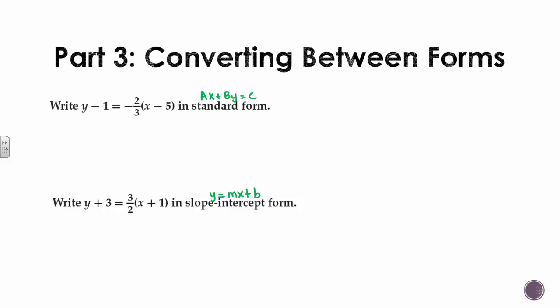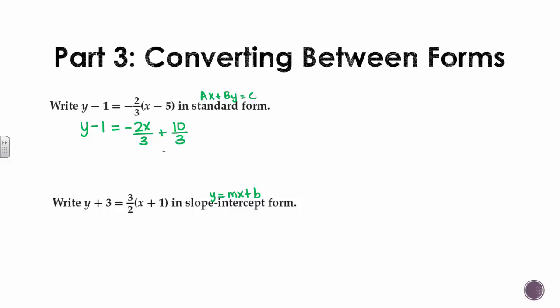But the first thing we should do is get rid of those parentheses. So let's distribute this. Negative 2x over 3 plus 10 over 3. The next thing I notice is that there's fractions. We need to get rid of these. Fractions are not our friends, and we cannot have them in standard form.